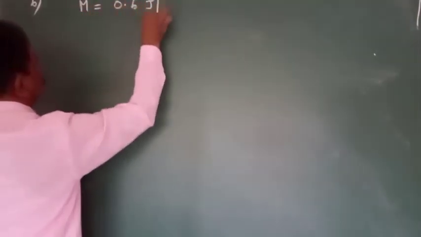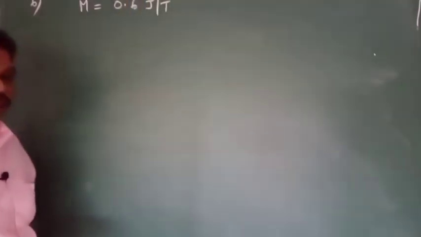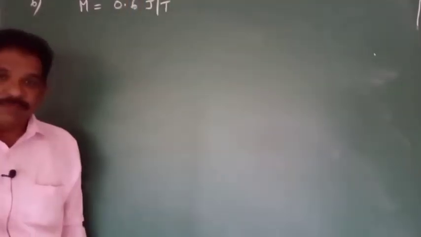Already in the above problem we got the magnetic moment of the solenoid, 0.6 joule per Tesla.